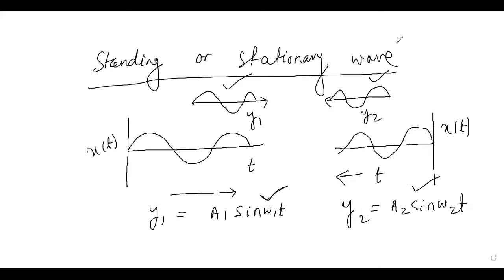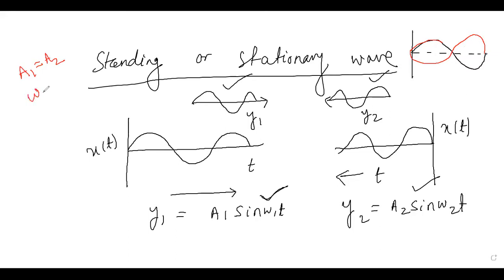To get a proper standing or stationary wave, which looks like this, one wave goes this way and the other wave comes back in the opposite direction. The amplitudes must be equal to get a perfect standing wave, so a1 must be equal to a2.